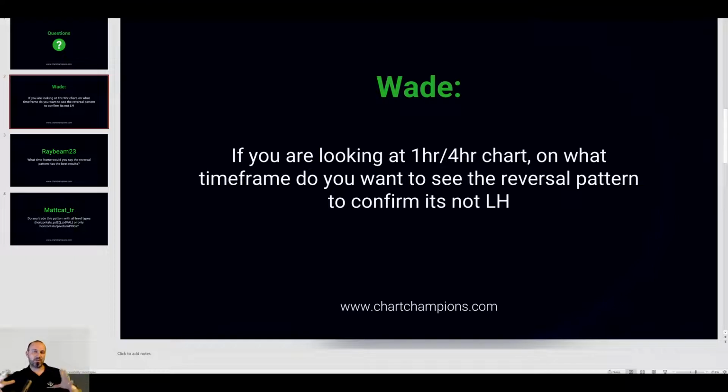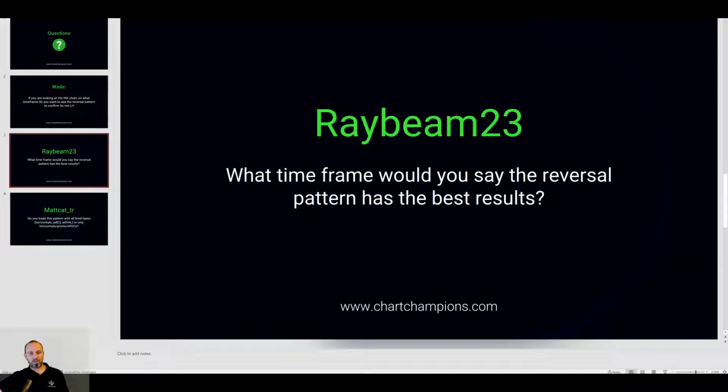You don't want to see too much time between the reactions. What time frame would you say the reversal pattern has the best results? 5 minutes. Right now, it's 5 minutes. Maybe in the future this could potentially change, but for the moment, 5 minutes is all you need.